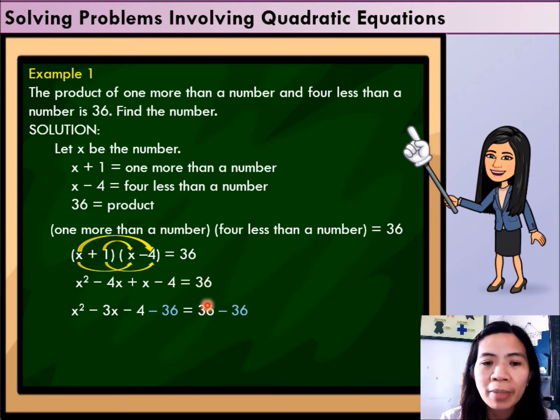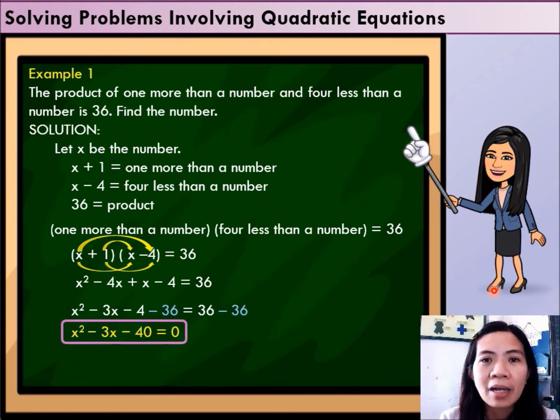So it means we will make 36 zero. So we're going to add minus 36 to both sides of your equation. So we have 36 minus 36 is equal to 0. Then we are going to copy x squared minus 3x and then combine minus 4 and minus 36. So this will be minus 40. Okay, so this is now our quadratic equation.